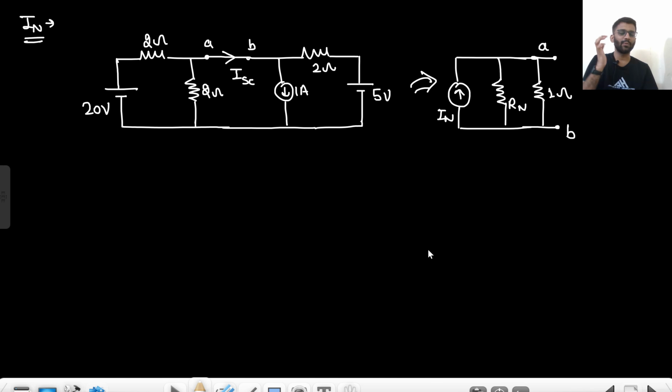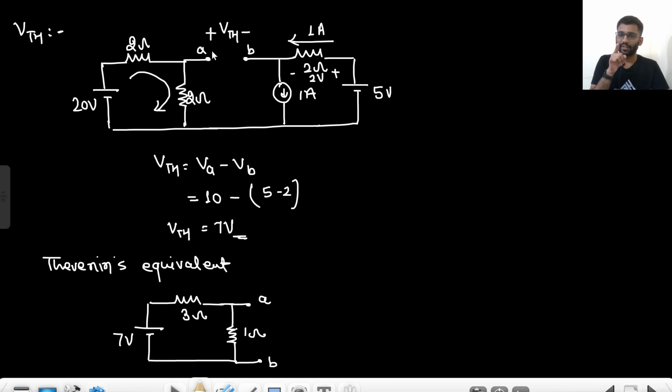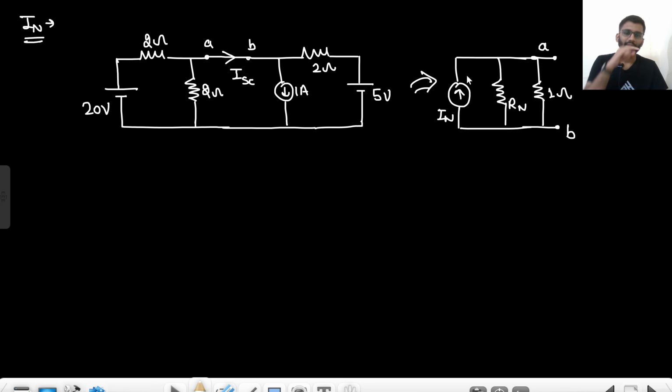Are you getting my point? For the voltage source, A should have the positive terminal. Similarly, A should have the current getting into it and B should have the current getting out of it. That's how you need to make the direction. Now you need to find the value of ISC. You can find it easily, I guess, simply by nodal analysis. Or what I can do.